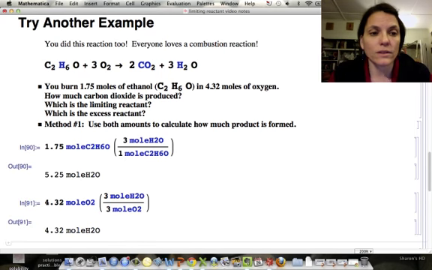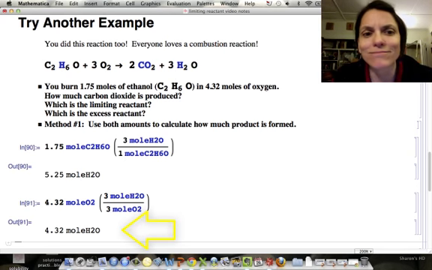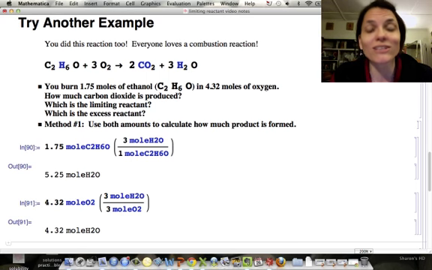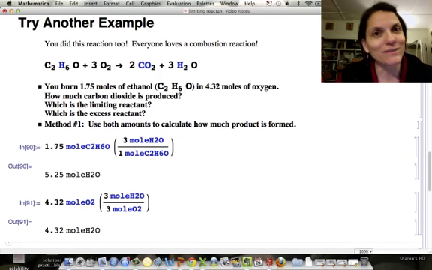Okay, 4.32 moles of H2O. All right, so which one's the limiting reactant? I can tell. Can you? Is this what you got? Well, from this calculation, it looks like oxygen's the limiting reactant because it will produce the least amount of water. And we've answered 2 questions at once. We also know that we're going to get 4.32 moles of water.